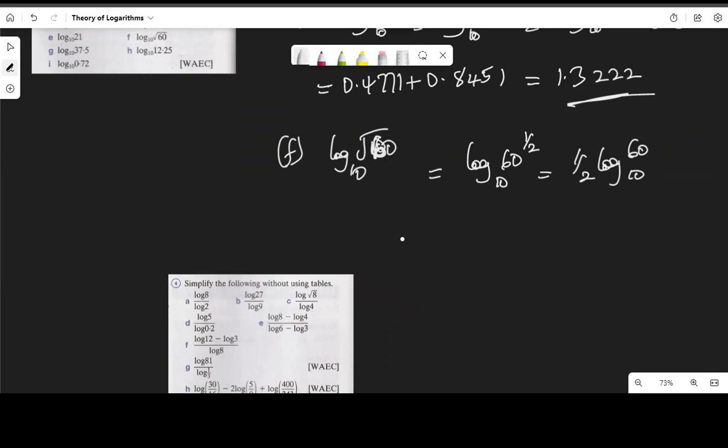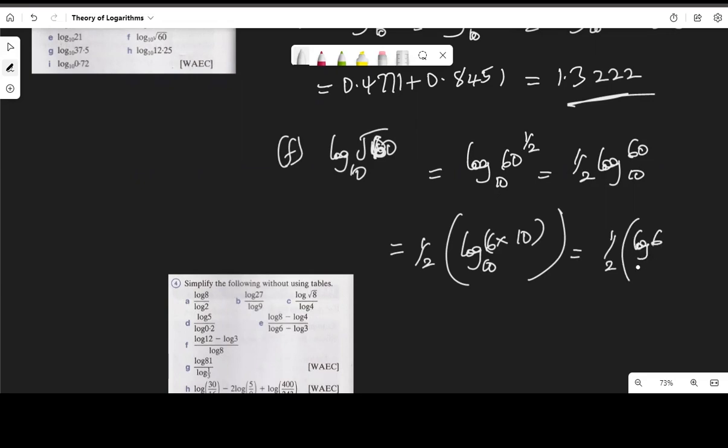So we have half multiplied by log 6 times 10 to base 10. Now I put this half outside this bracket because it's going to multiply everything here. And then will be half bracket log 6 to base 10 plus log 10 to base 10.